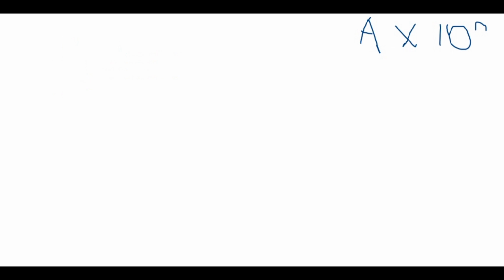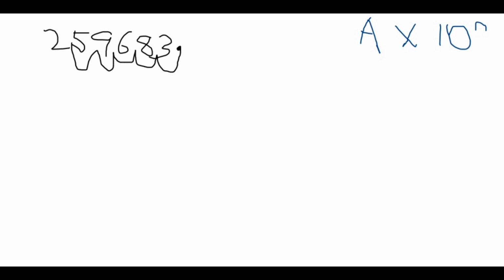Now, if we have, let's say, 259683, we are going to move the point from behind this number to behind the first significant figure, and it's going to move 1, 2, 3, 4, 5, so it moved 5 steps.